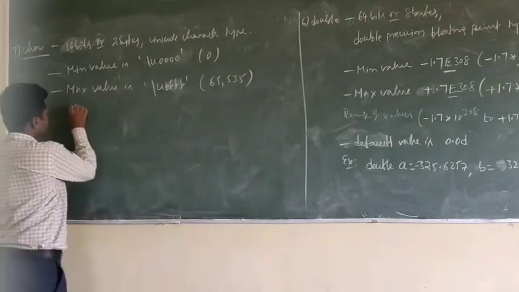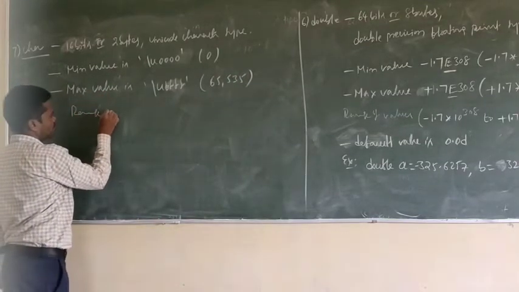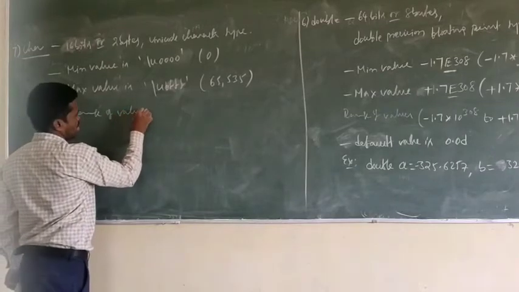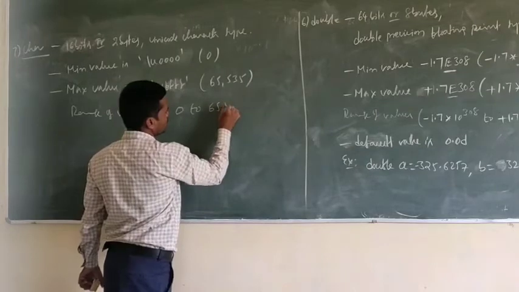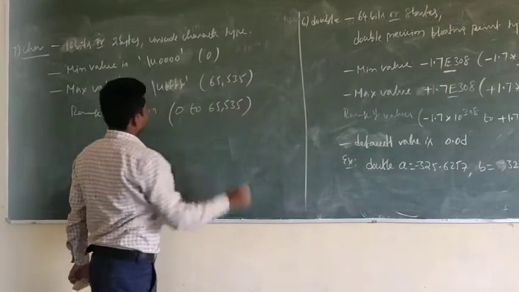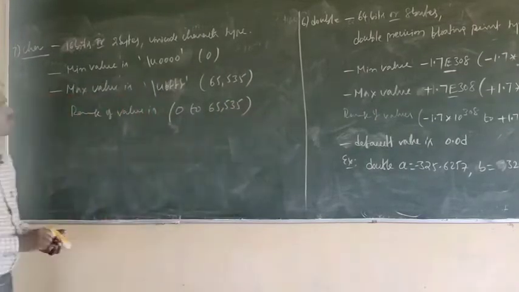So the range of values is 0 to 65,535. So this is the range of values of character.